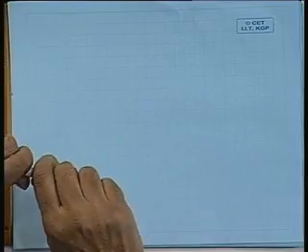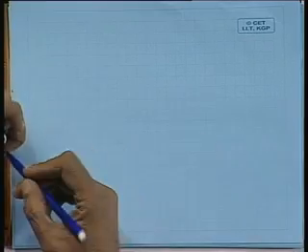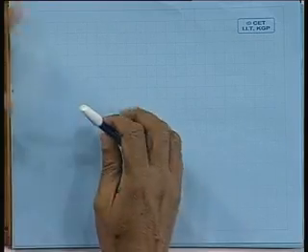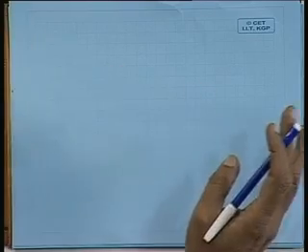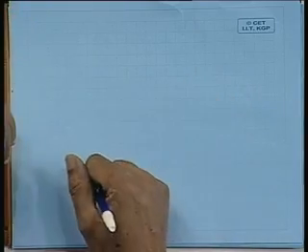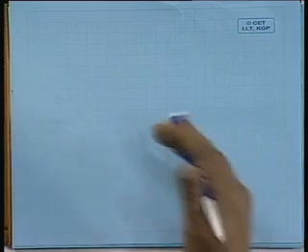Now, you will be wondering what type of questions can be asked here. Let us say you have a ship whose dimensions are given to you, mainly the depth, the double bottom height, and there is a bulkhead.